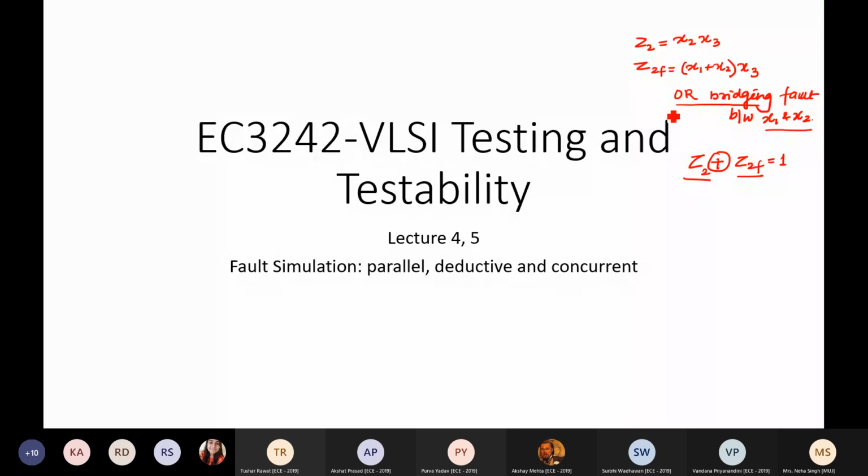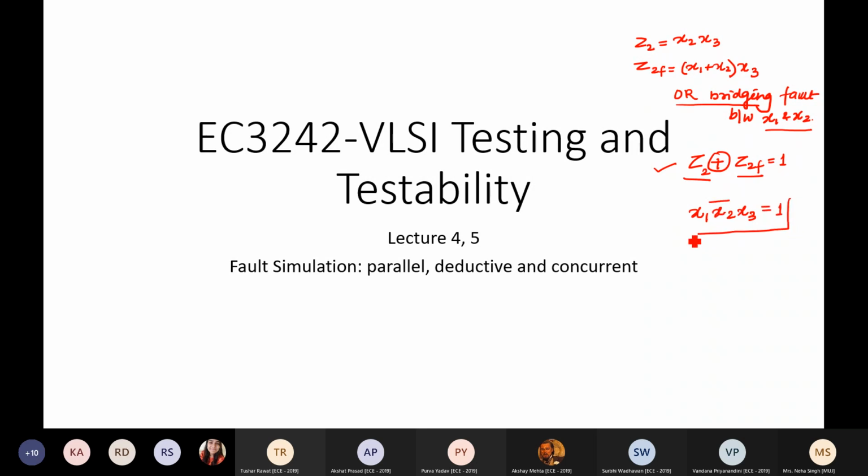using the expression Z2 XOR Z2F should be equal to 1. If anyone had solved it, this will result into an expression x1, x2 bar, x3 equal to 1.